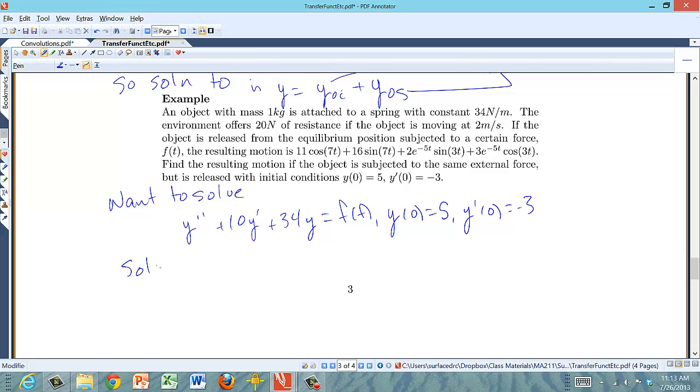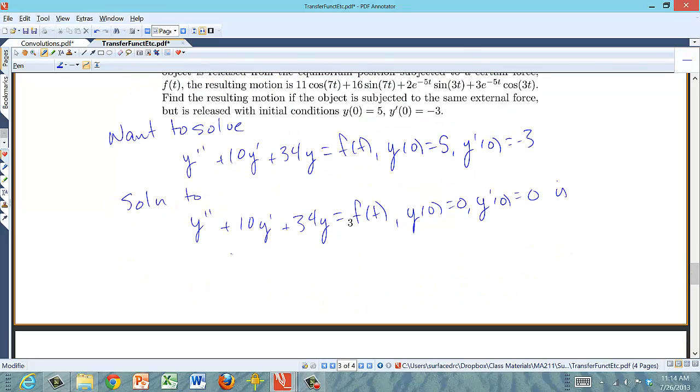And I told you the solution to a related problem: the same ODE, where I released the object from equilibrium position and subjected it to a certain force, and I told you what the solution was.